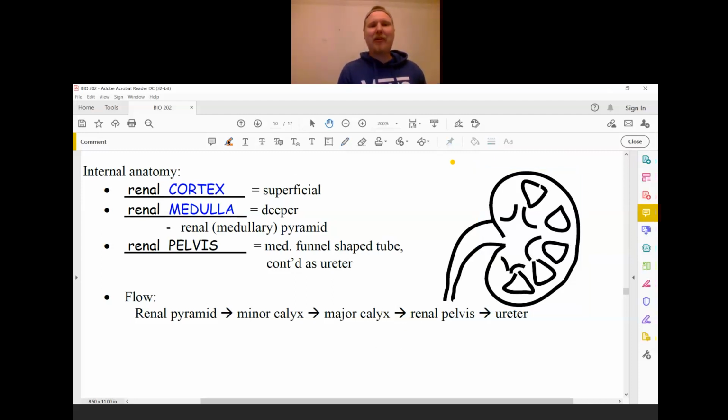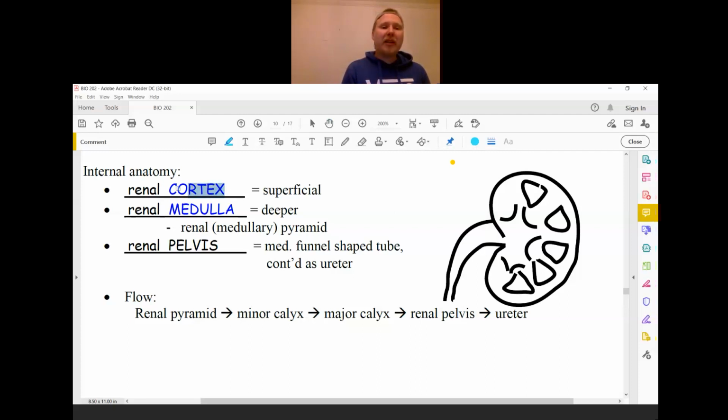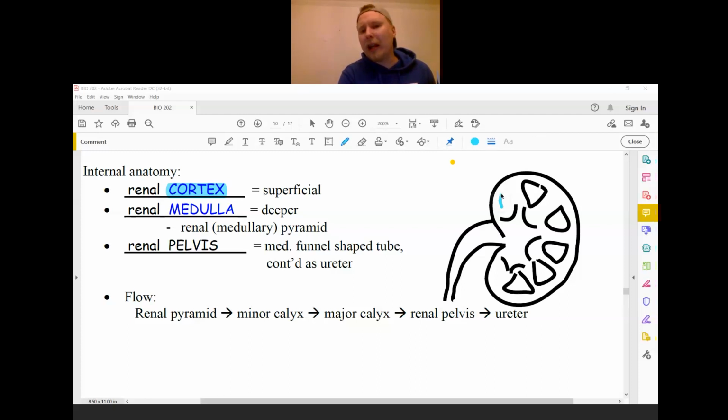So let's have a look at the internal anatomy of the kidneys. Kidneys do have a renal cortex, and you remember the cortex, we talked about that also in the nervous system, for example. So that's the most superficial layer. So the renal cortex is, from the inside of the kidneys, the most superficial layer that we can see there.